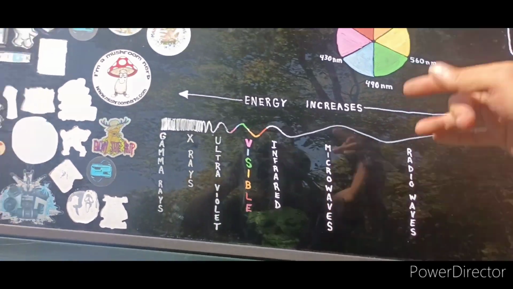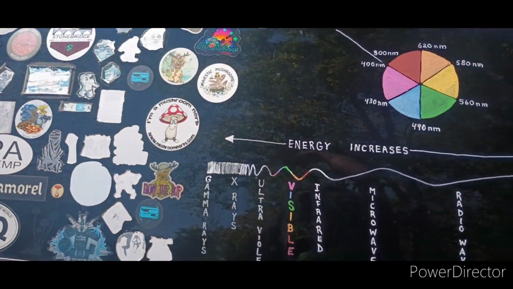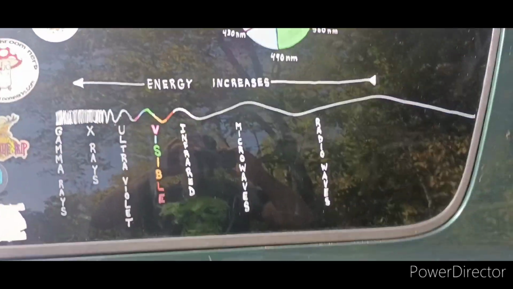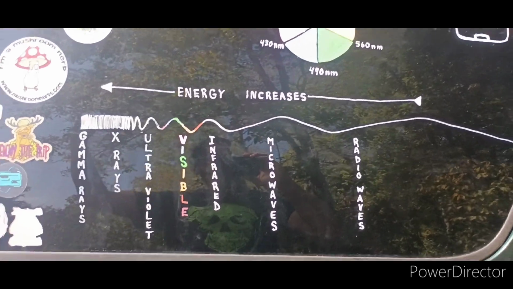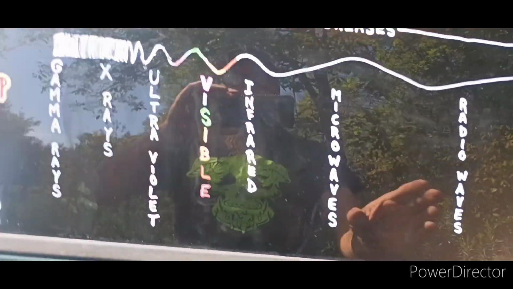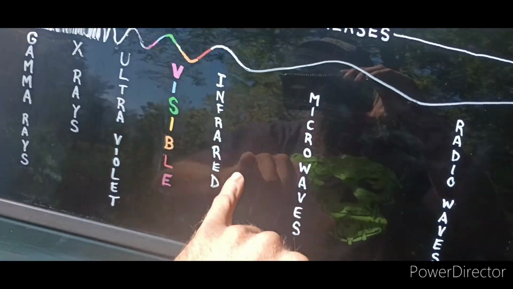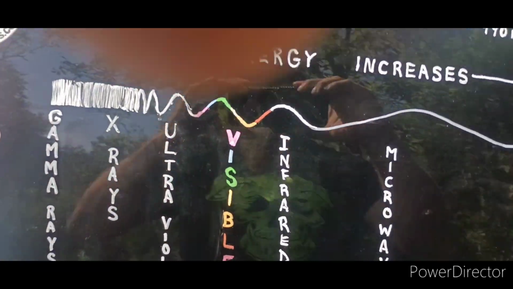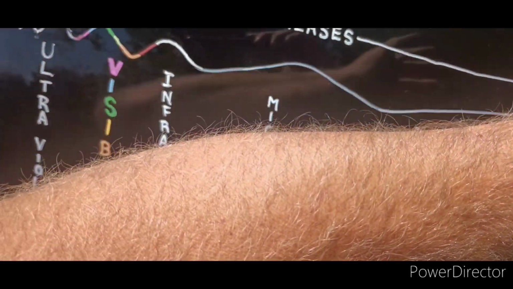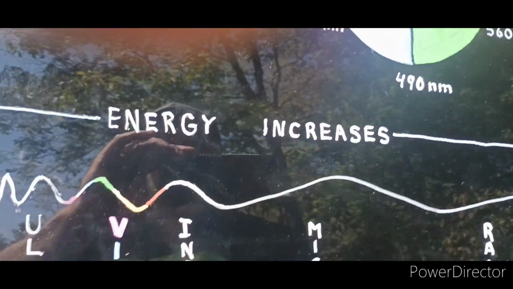Now, some of them are not reaching me because of interacting with particles in the atmosphere. But some of the light does make it to me as infrared light, because right now I feel the warmth hitting my skin. That's the infrared bandwidth hitting me. I also have visible light hitting me. The fact that I can see my skin color, it has a tone, is because of the visible light bouncing off my skin and hitting my eyes.